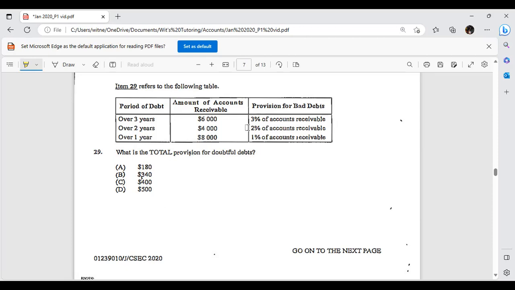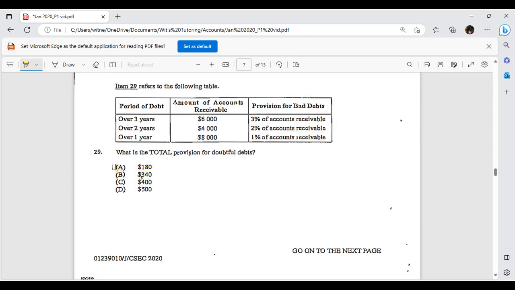So the 180 from the top plus 1% of 8,000, and that's going to give you 80. So your final answer, when you add all three, 180 plus 80 plus 80, you're supposed to get 340. All right, so that would be B.